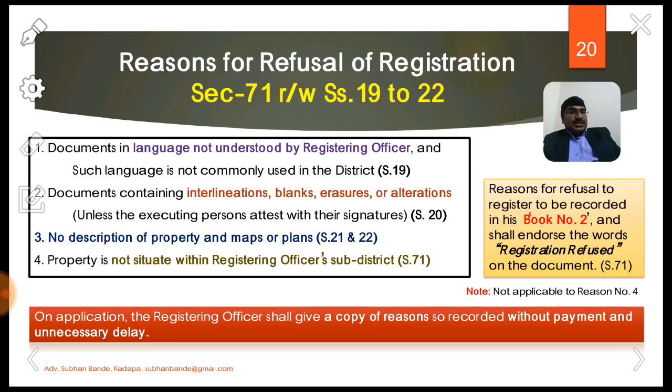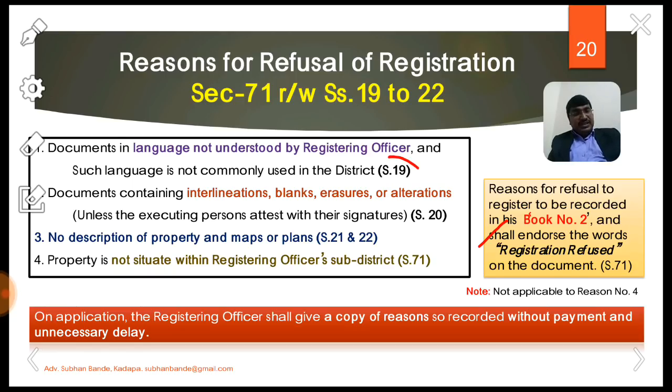The first reason is documents in a language not understood by the registering officer. If the documents are in a language that is not understood by the registering officer, or such language is not commonly used in his district, the registering officer may refuse registration.